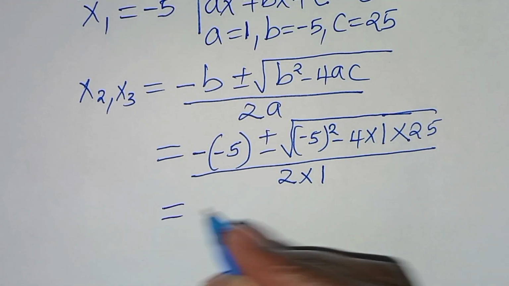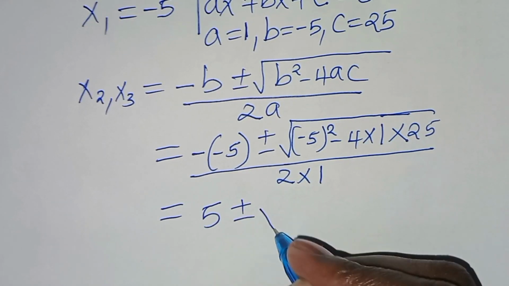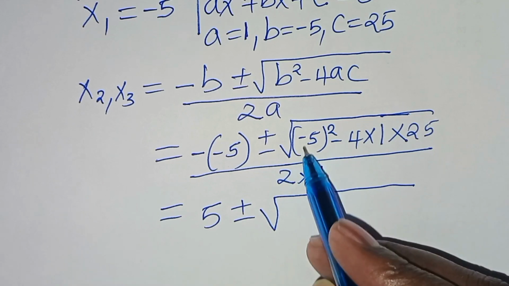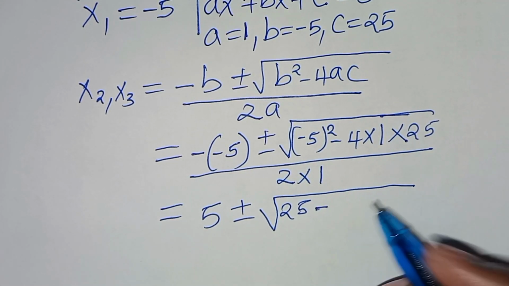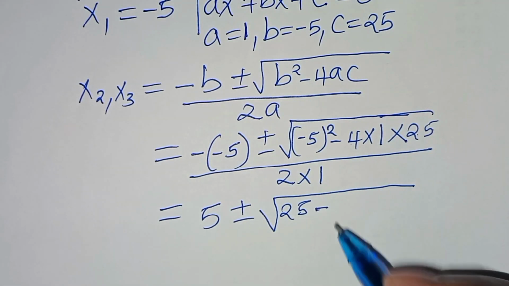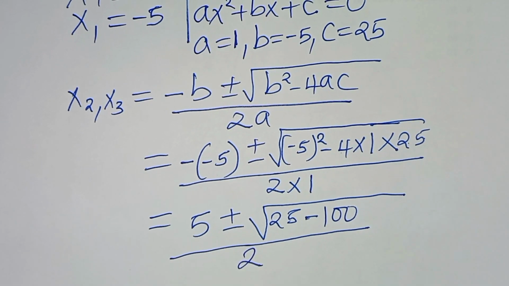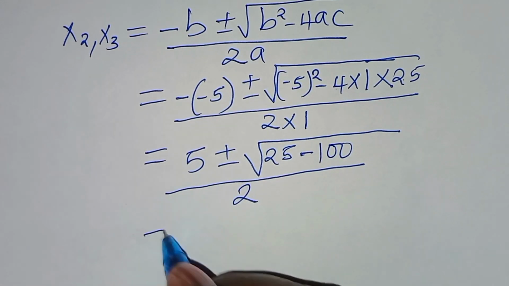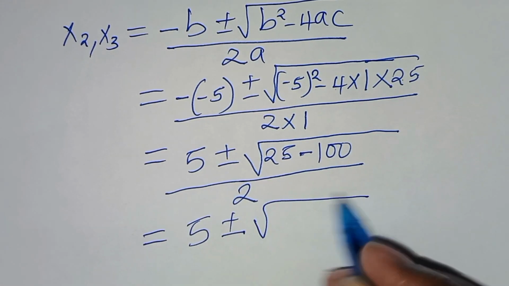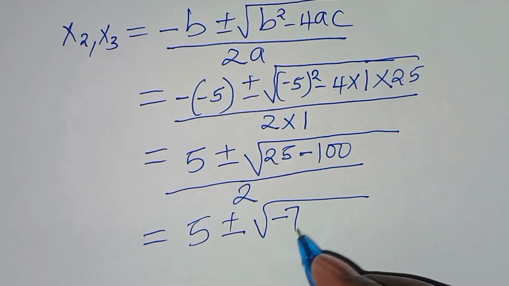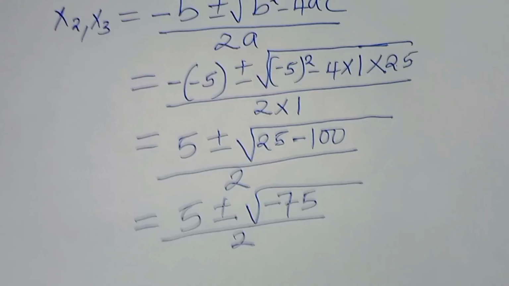So the second step here, negative times negative 5 is actually 5, plus or minus the square root of, now we have negative 5 squared, this is 25, subtract, now we have 25 times 4, this is actually 100, all this divided by 2. In the second step here, we have 5 plus or minus, we have 25 minus 100, this is negative 75, all this divided by 2.